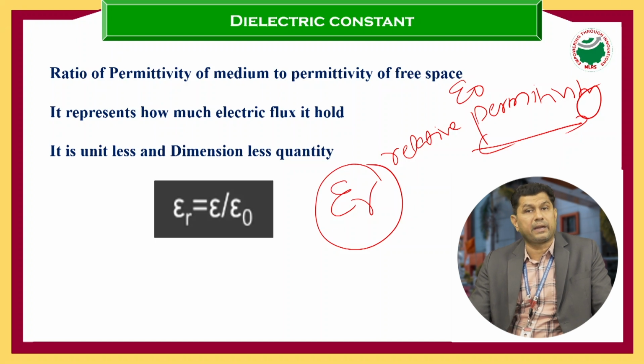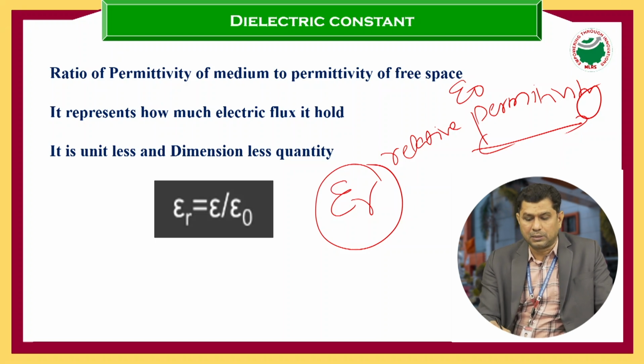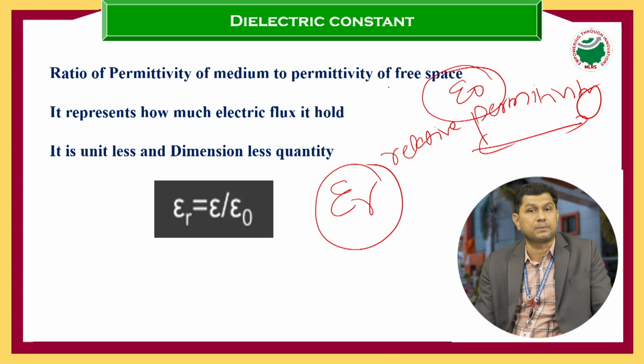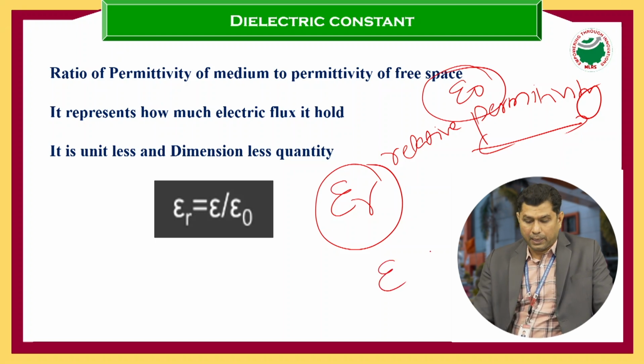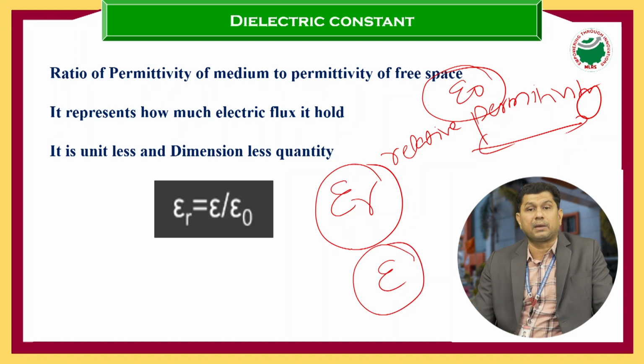Permittivity is simply, we can define it as conducting capacitance. If you allow one electric line of force, how much charge it can carry. In free space, that is denoted with epsilon naught. In the medium, that is denoted with epsilon. Epsilon is known as permittivity of medium. Epsilon naught is the permittivity of free space.